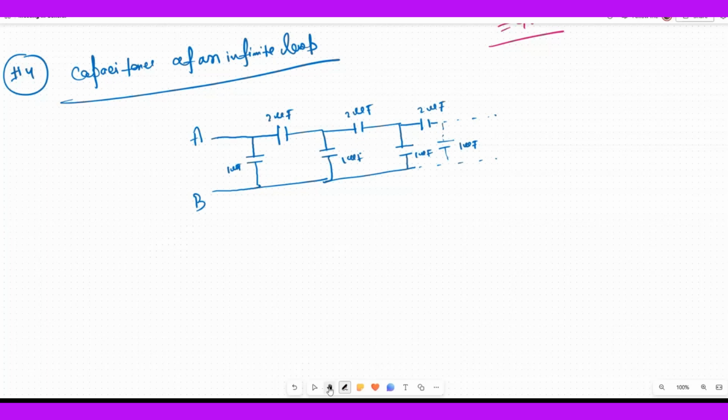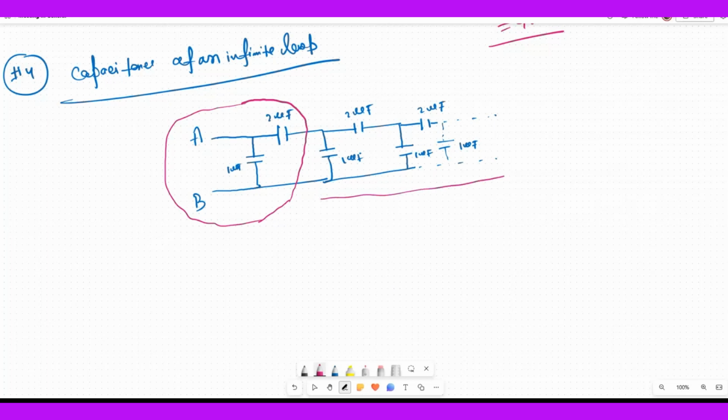So what we'll do here, we'll use one simple concept: if we keep this part of the circuit separated, then the remaining circuit will remain an infinite loop only. These two are separated. This is a loop, this is another loop.